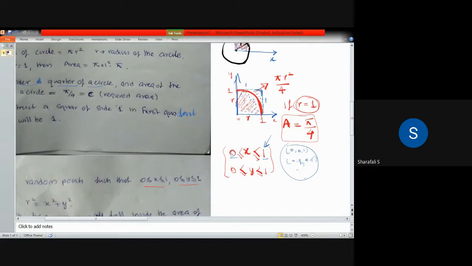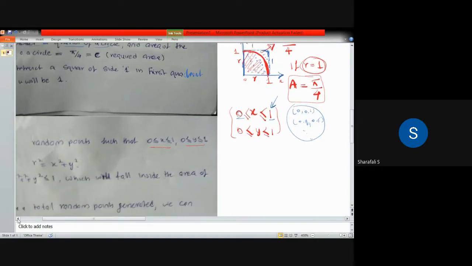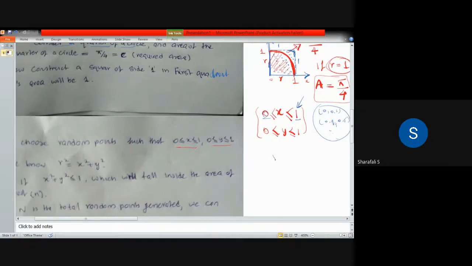Okay, and you also know that for a circle, r square will be equal to x square plus y square.